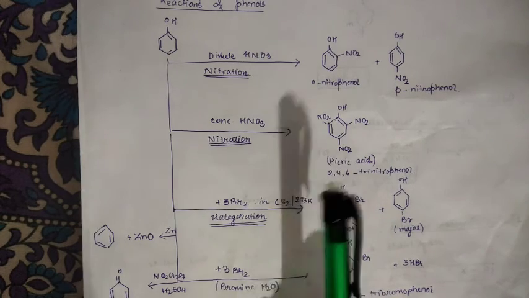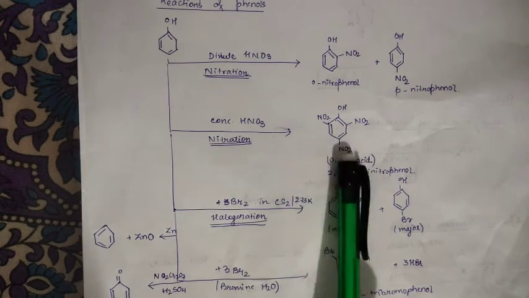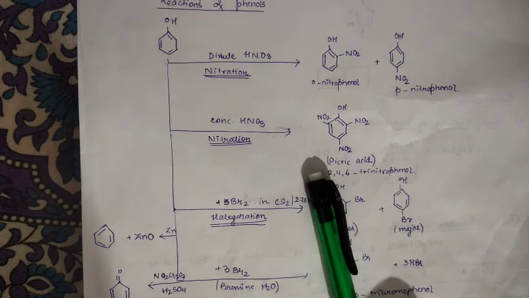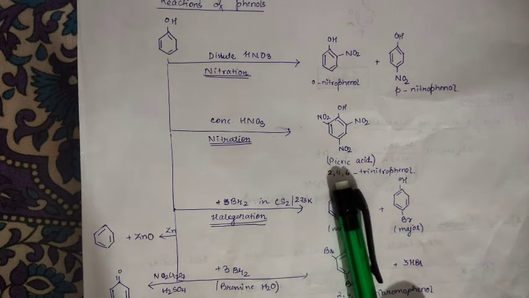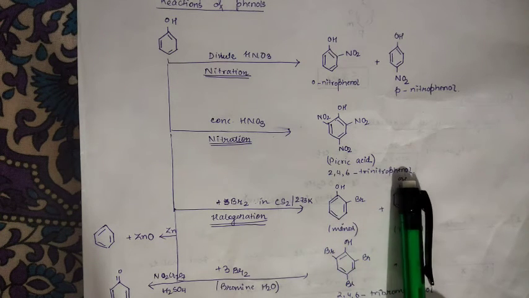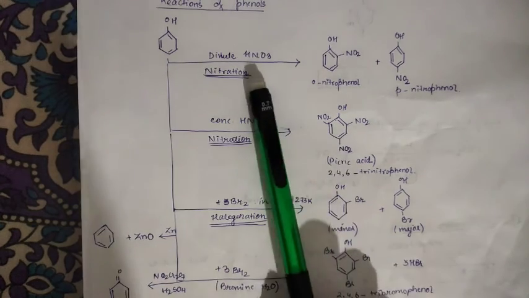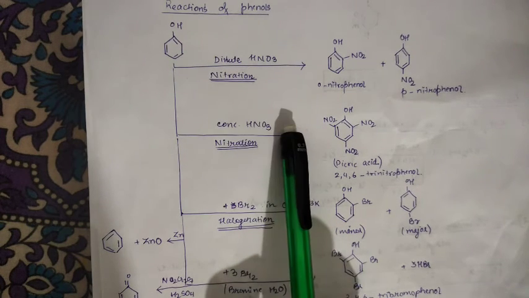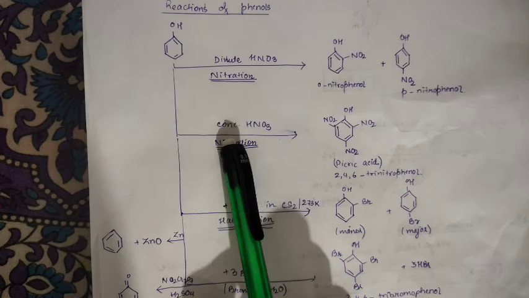This compound is actually picric acid, and in the IUPAC name you will get 2,4,6-trinitrophenol. So here you have to be very observant about which acid you are using, whether dilute is given or concentrated is given. If concentrated is given, one compound is produced. In dilute, two compounds will be produced.